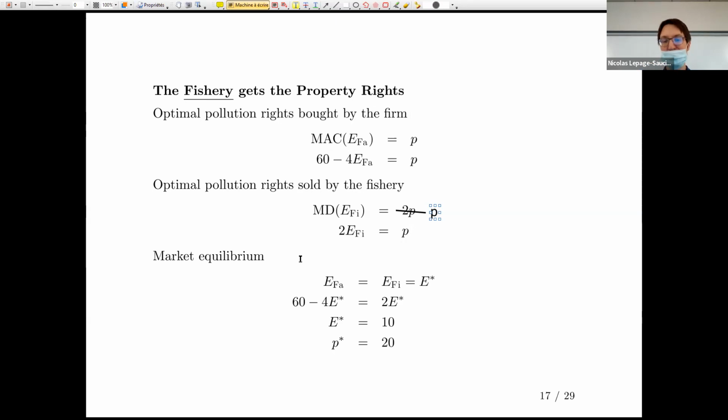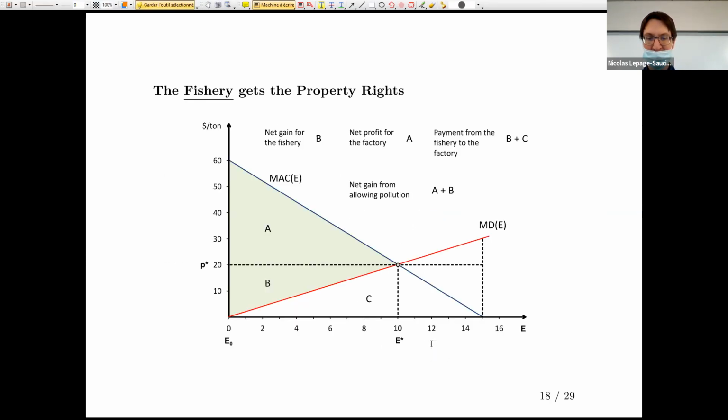And of course, we want no excess demand or excess supply of emission rights. So E_FA must equal E_FI must equal E star. So we get 60 minus 4 E star equals 2 E star. Then we find E star equals 10, P star equals 20.